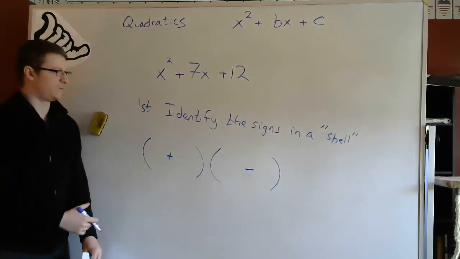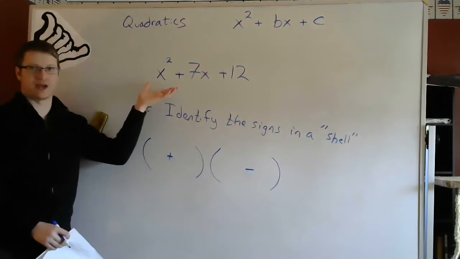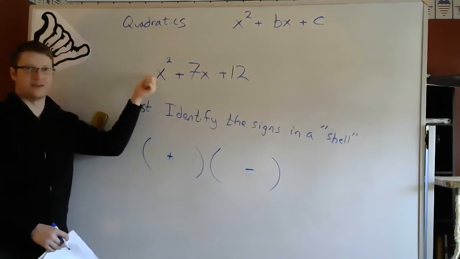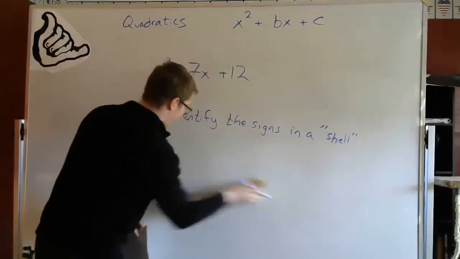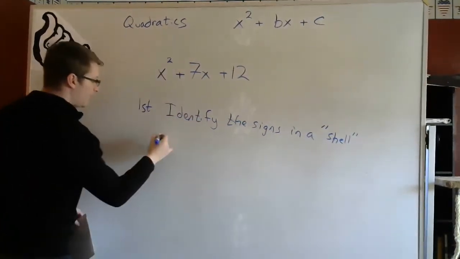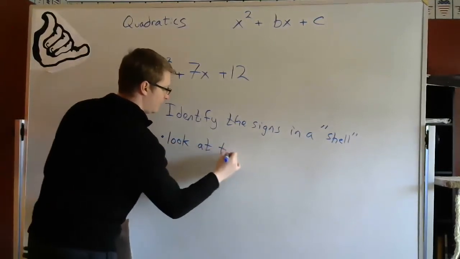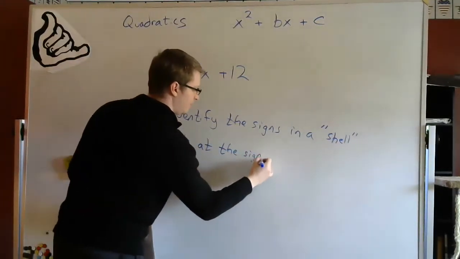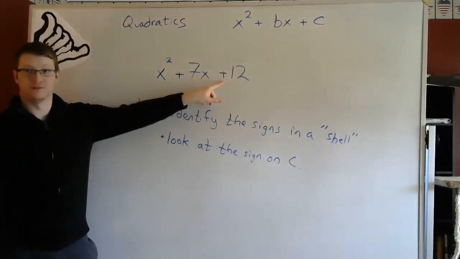How can I tell what the signs should be in this shell if I am able to factor this trinomial that has an a value here of 1? Here's how we can do it. We want to look at the sign on c. So we want to look at this sign up here.